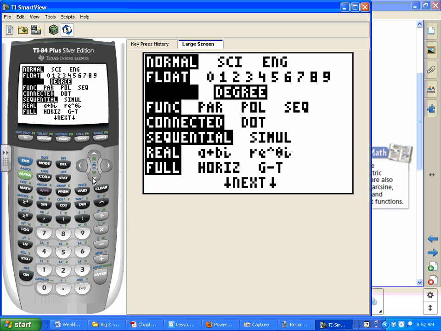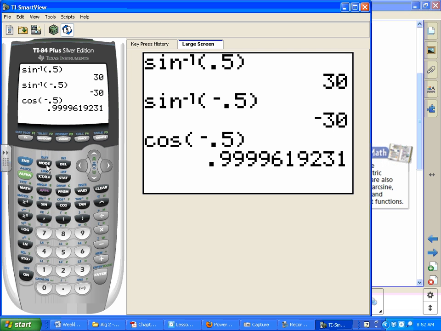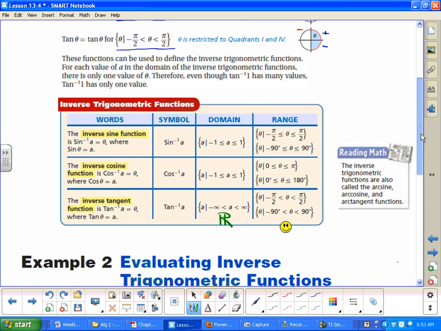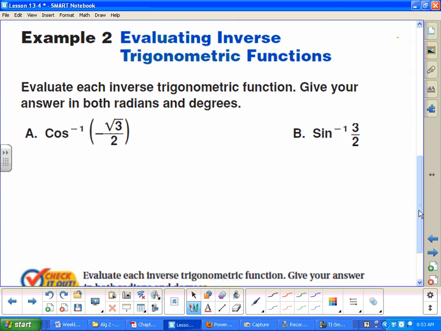Anybody know why it messed up? I didn't do the inverse, that's right. Inverse cosine of negative 0.5 would be 120 degrees. So it'll give you the right value there. But you need to be able to look at the unit circle and find it without the calculator.